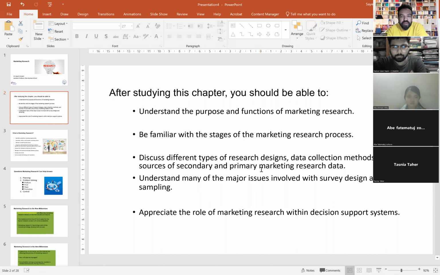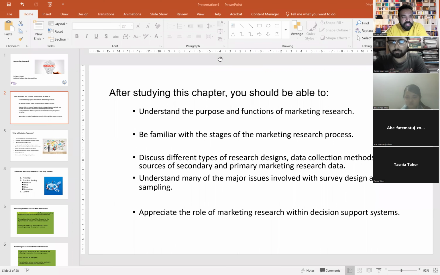We'll be talking about marketing research and data. And then we'll talk about some of the major issues involved in survey design and sampling. Towards the end, we'll also introduce another topic called the marketing decision support system, also known as MDSS. This is one of the marketing jargons, but it is another very important concept that we will cover today.